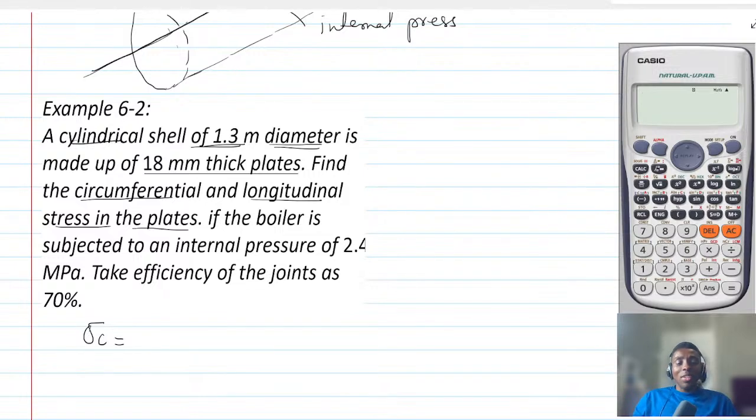The circumferential stress, sometimes called the hoop stress, is essentially twice the longitudinal stress. Okay, let's solve this question. The formula is given by PD divided by 2T, but if there is efficiency, then you bring the efficiency downwards.